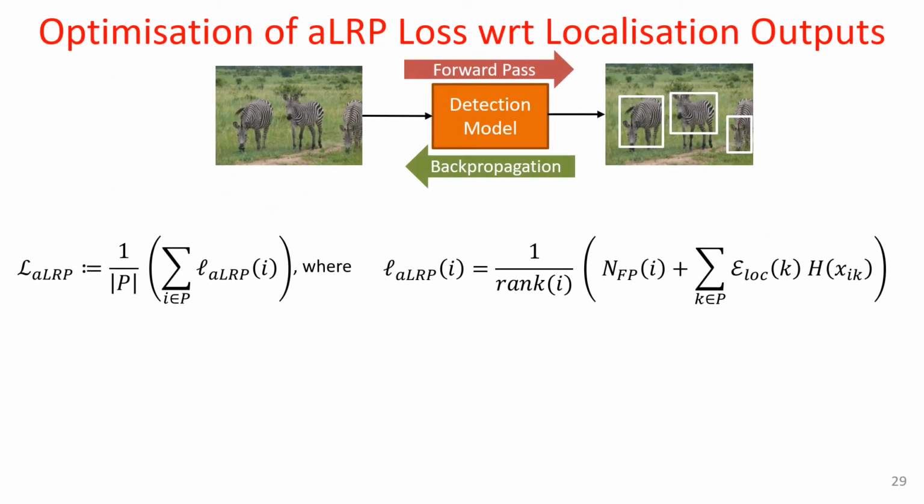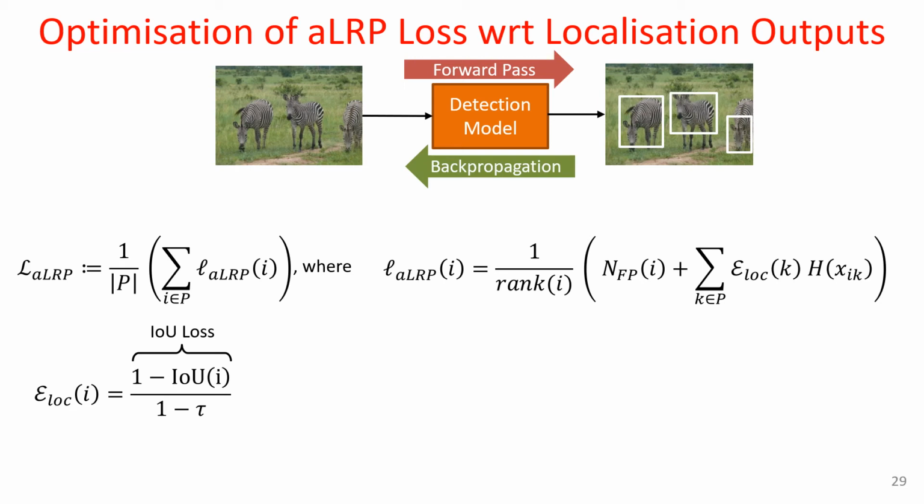Average LRP loss is differentiable with respect to the localization branch outputs, since the localization error is based on intersection over union, which is a differentiable function, and the classification branch outputs are constants with respect to the localization branch.